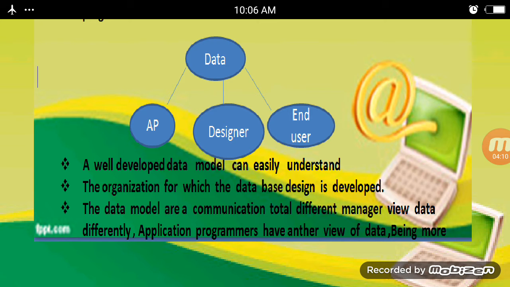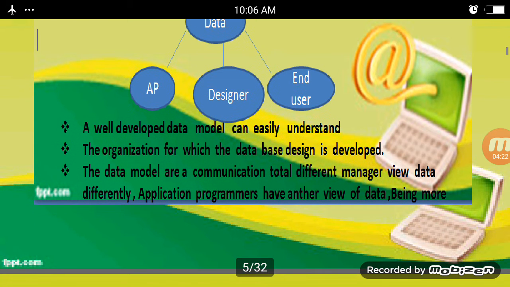The application programmer has to design some project and gives it to the end user as he wants. A well defined data model can be easily understood. If we develop a data model well, it can be easily used by the end user.